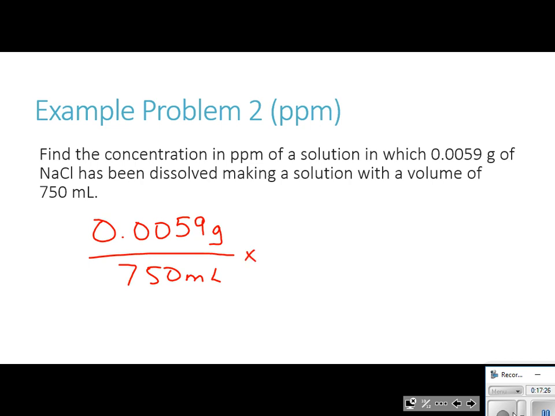Now, here's the part. We need to multiply it by the part per million number, which is 10 to the 6th, correct?